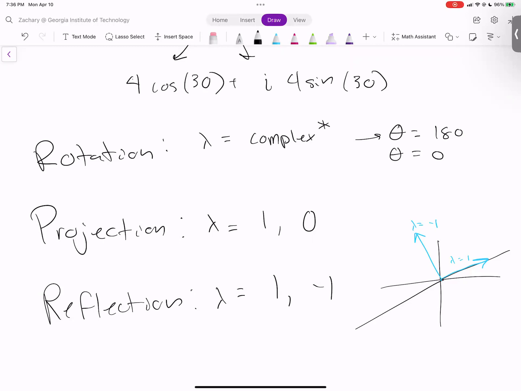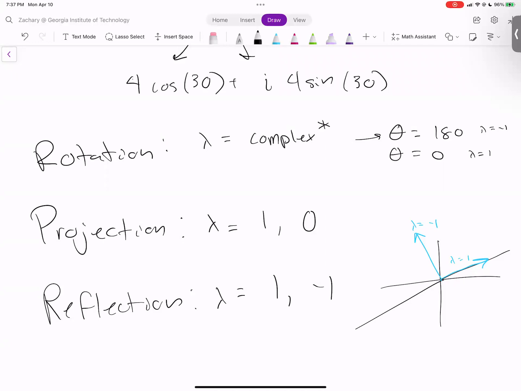Not a dumb question, I promise. Rotating by 360 degrees gets really complicated. But nevertheless, for theta equals 0, we have lambda equals 1. And for theta equals 180, it's just equal to -1. Both are still invertible. Both are diagonalizable.